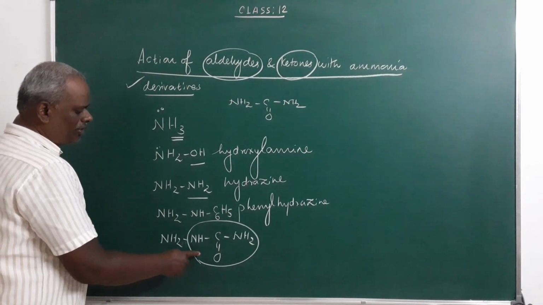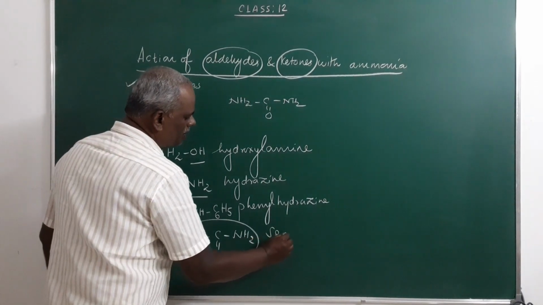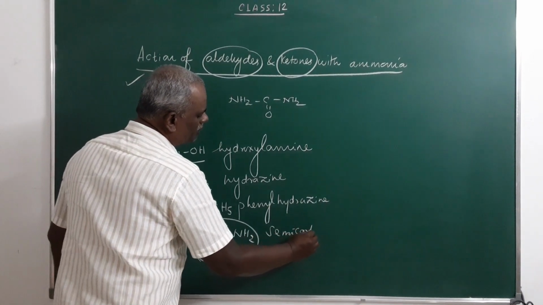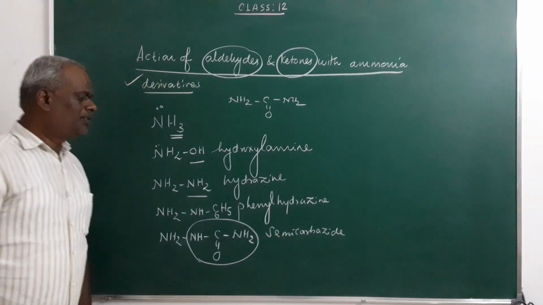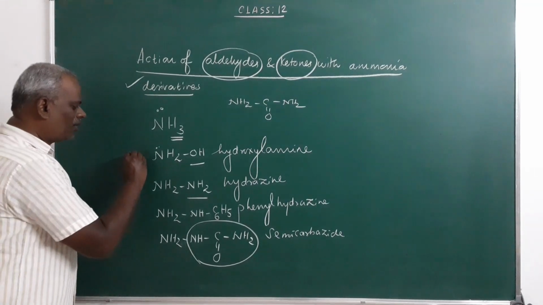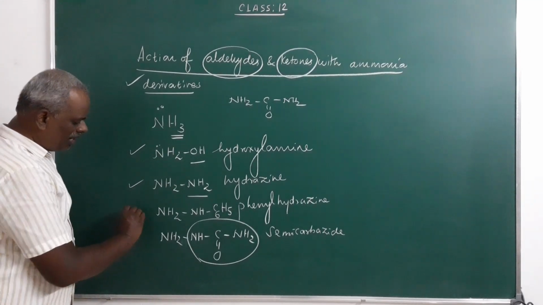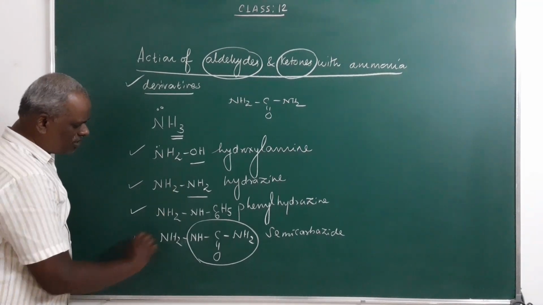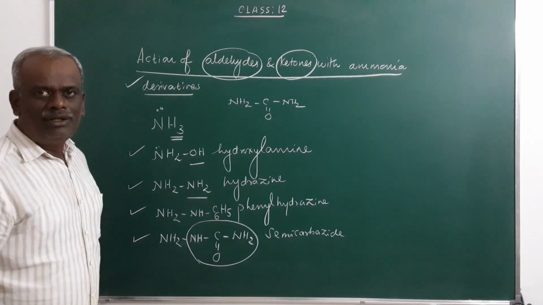One of the hydrogens is replaced by this group, and this compound is called semicarbazide. So all these derivatives, namely hydroxylamine, hydrazine, phenylhydrazine and semicarbazide, how are they going to react with aldehydes and ketones?